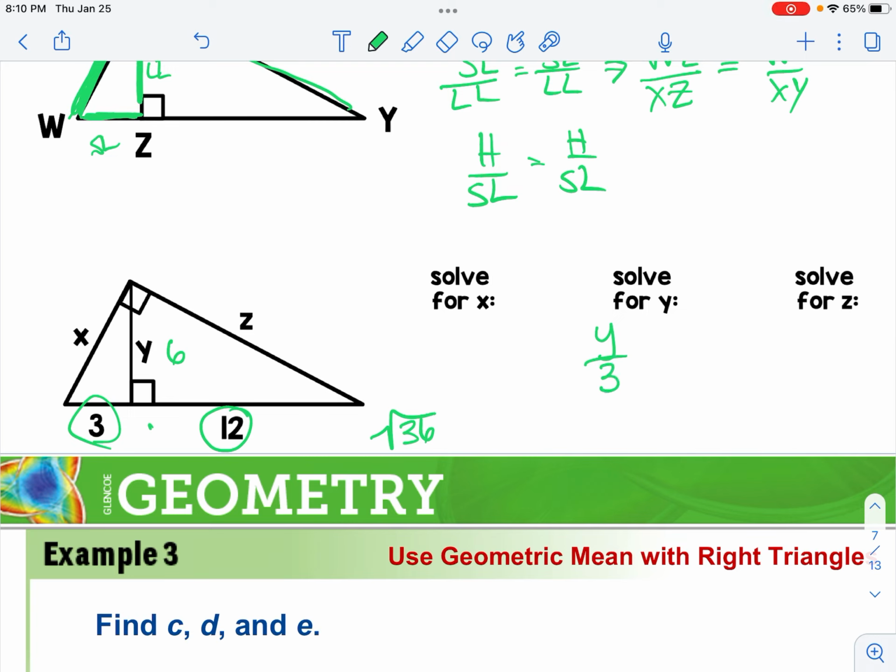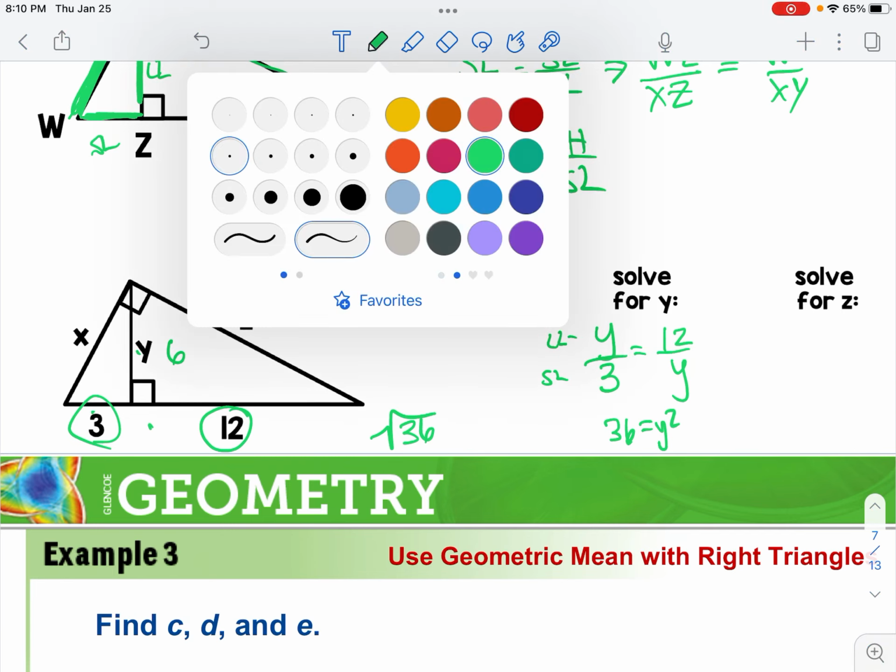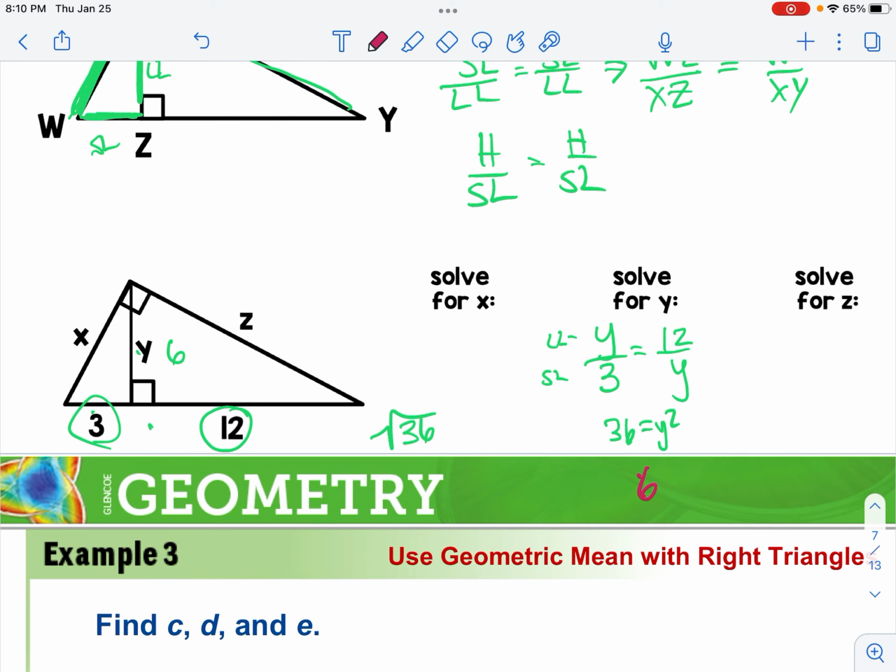It could also have been written as y, which is the long leg, over the short leg, y over 3, is equal to the long leg over the short leg of the other one, so 12 over y. And when we solve for this one, we get 36 equals y squared. That's where I got that 6 from. I'm going to write in a different color. So my y equals 6.